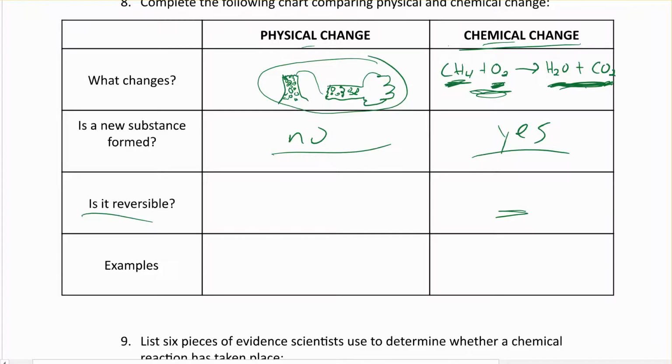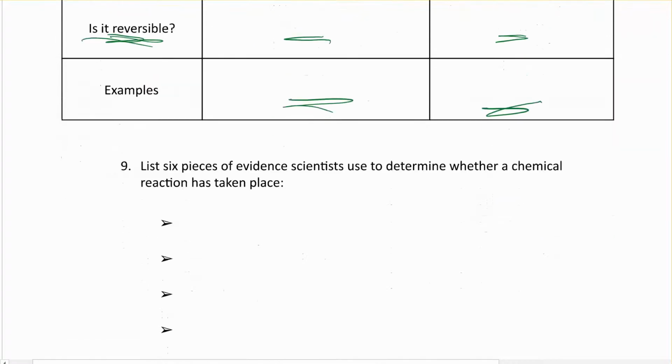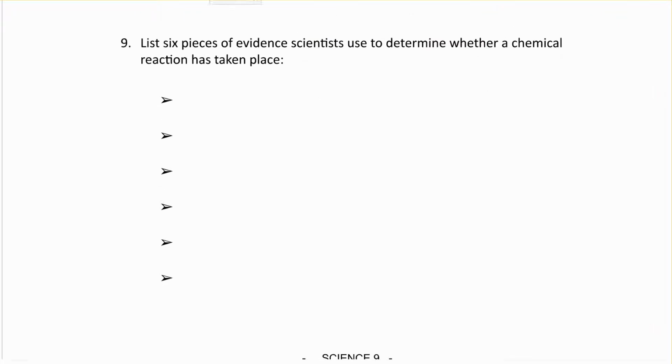If you just have the same substance, but it's been rearranged, whether it's a gas now, or a solid, or just in two places instead of one, like our tree example, then it's a physical change. You can come up with your own examples there. Sorry about the is it reversible question.